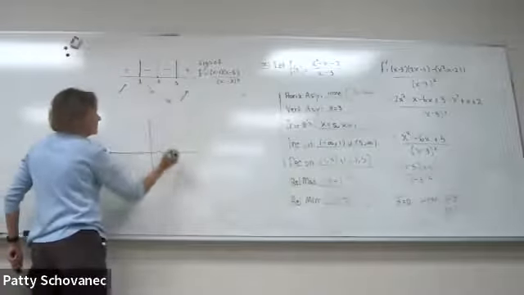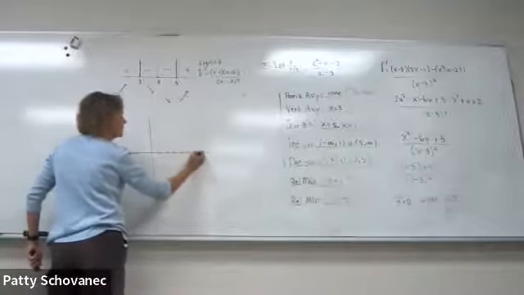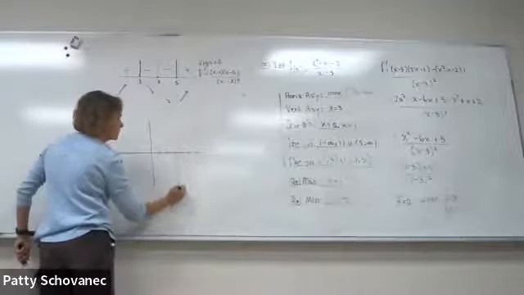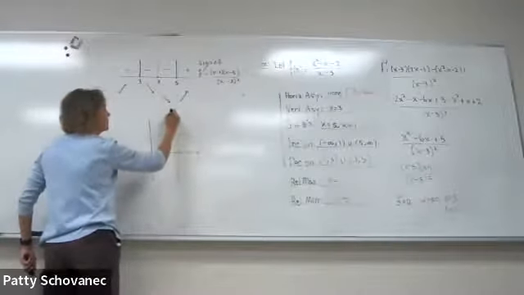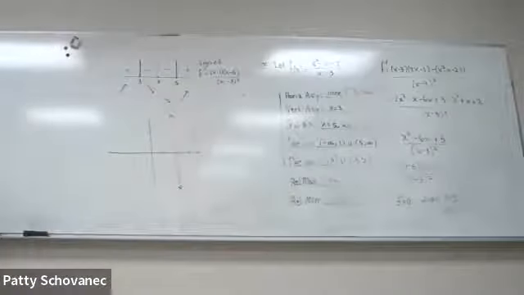Let's put our asymptote in here at 3. Okay. No horizontal asymptote. Let's plot our two critical numbers.